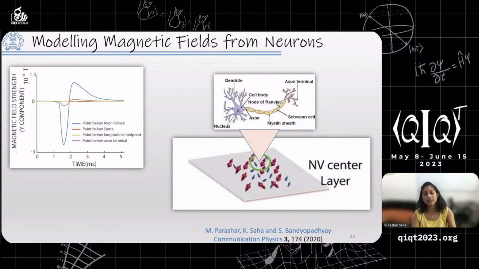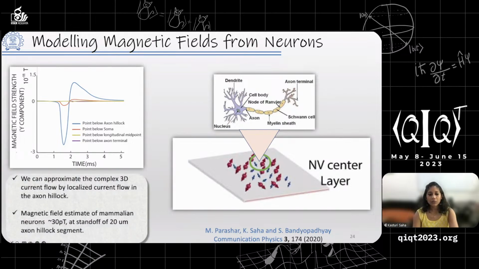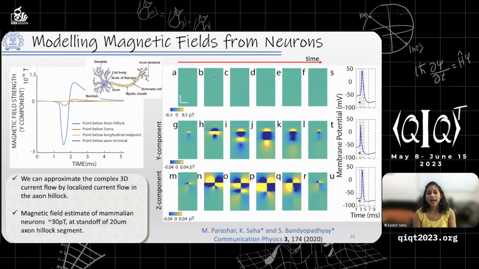So we did this very detailed modeling, and if you're interested, you can find all the details in this Communications Physics paper. But what I would like to highlight here is that when we did the modeling, we saw two key features. When the neuron's axonal potential travels, it splits and goes in two directions. Here you can see that the two yellow blobs tell you the features are propagating in two directions.